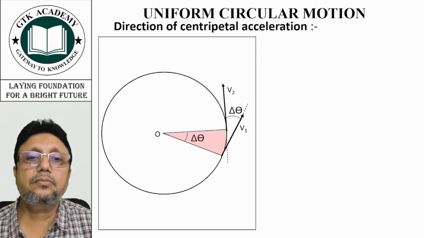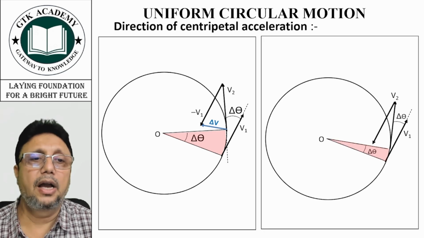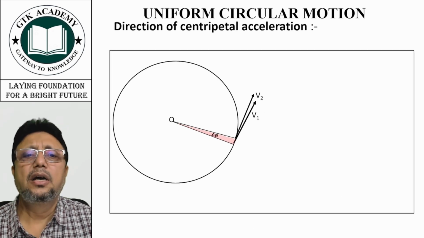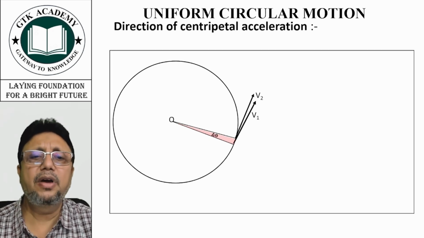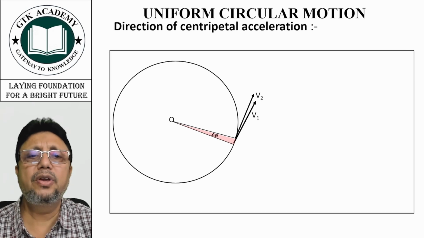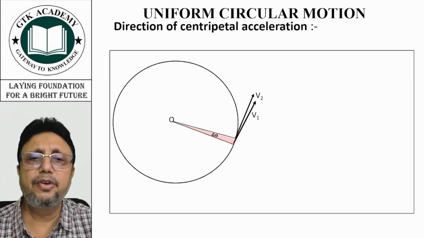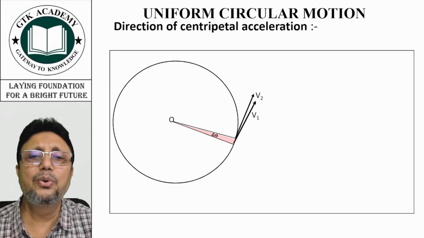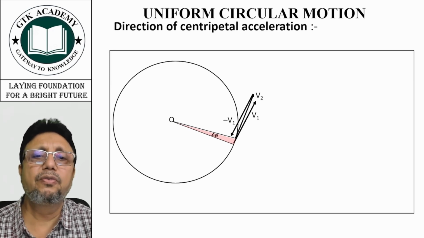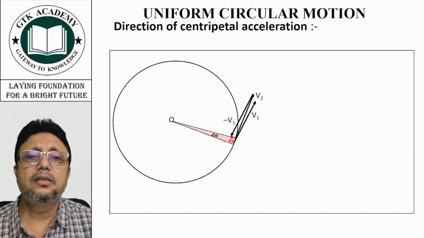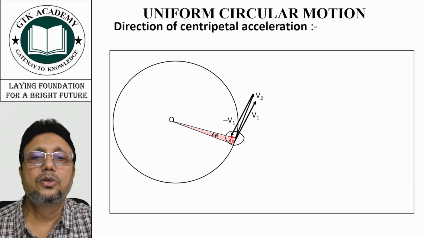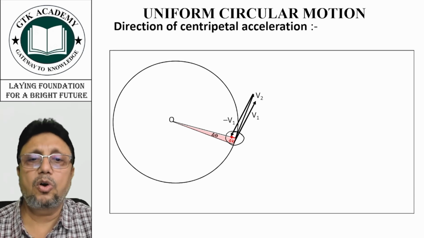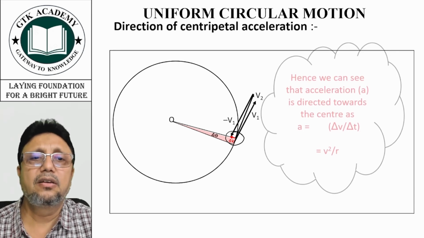Again reduce it. The rotation towards center is even more. Again reduce it even more. And if you bring P1 and P2 very close, so that V1 and V2 nearly coincide, which is difficult to show in the figure, I have tried to show you, then V2 minus V1, the delta V, is pointing towards center. So that is how the acceleration is always directed towards center.